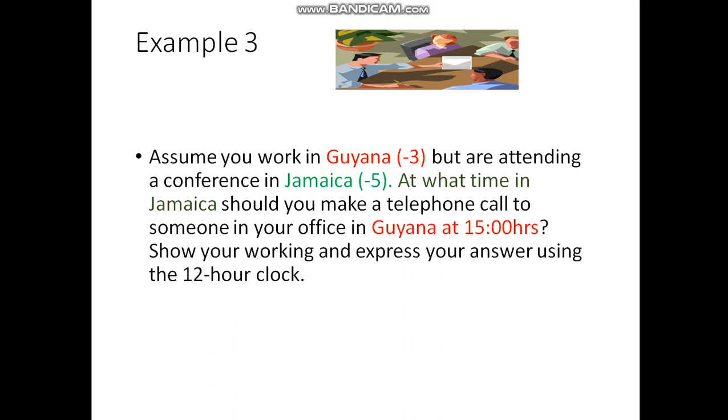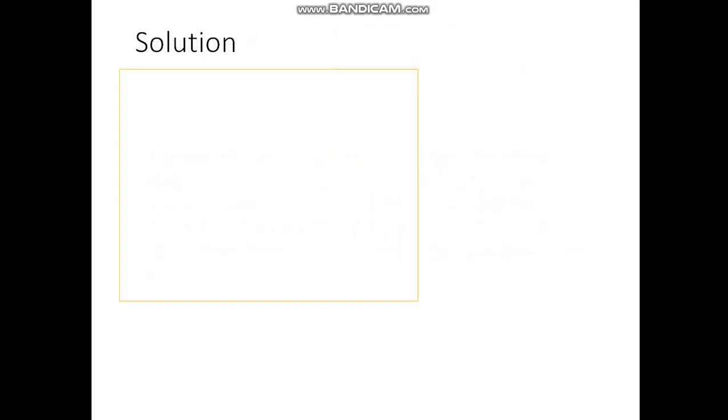So we have to get our information, make some reasoning and do some analyzing to get our answer. Then you have to convert your answer to the 12-hour clock. So let's get into the solution. The time to call Guyana is 1500 hours. So when the person receives that phone call, it has to be 1500 hours in Guyana.